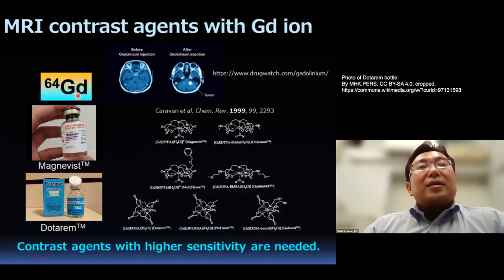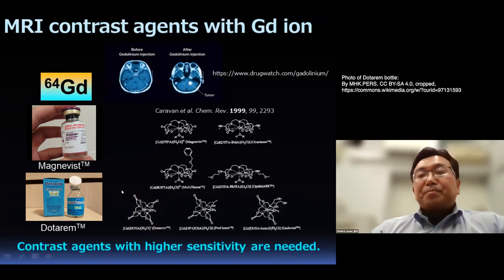But gadolinium ion has intrinsically relatively high toxicity, and there is still a requirement for improving the sensitivity by changing the chelators for gadolinium ions.